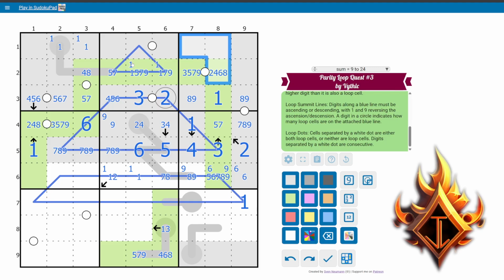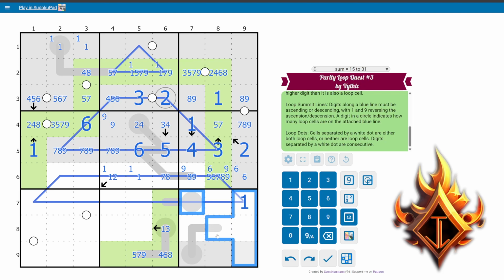That's okay. 2 would be down. 2 could be there though. 2 cannot be there. Can't be there. Can't be there.